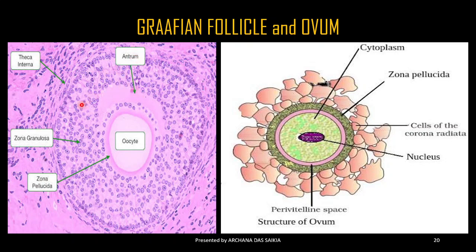Then outer to the covering of the follicles, that is theca interna. We call them theca interna, the layers of the Graafian follicle. Whenever it is released out, this oocyte will be released along with the zona pellucida and the corona radiata. It will be released out, leaving behind this theca interna, which will then be called corpus luteum.